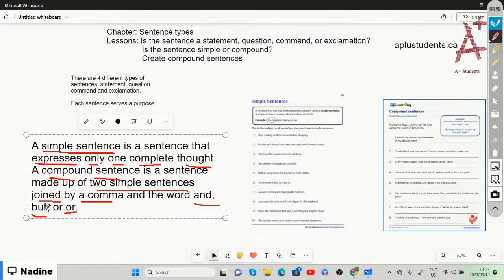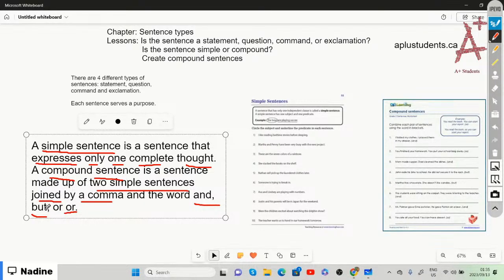But then we have a compound sentence. A compound sentence is a sentence that is made up of two simple sentences, joined by a comma as well as either and, but, or or.